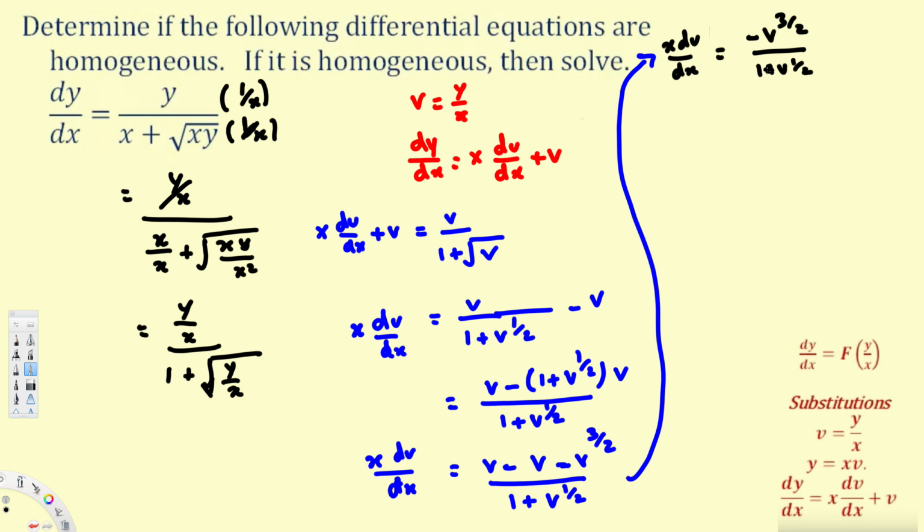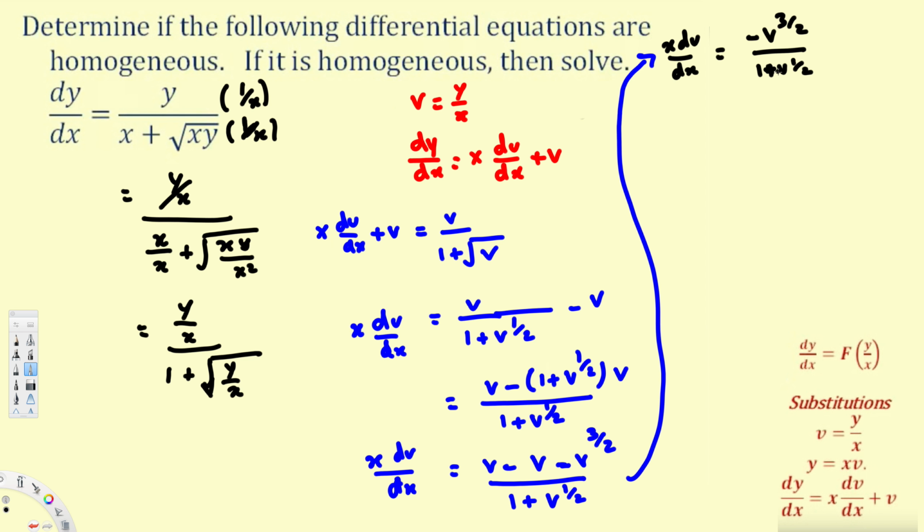Now we have to separate the variables, bringing all the v to one side and x to the other side. It's always best to keep dv and dx in the numerator so we can integrate easily, right? So we can move this v to this side and x to this side. That way we can keep dv and dx in the numerator.